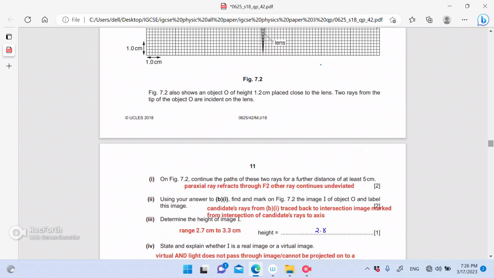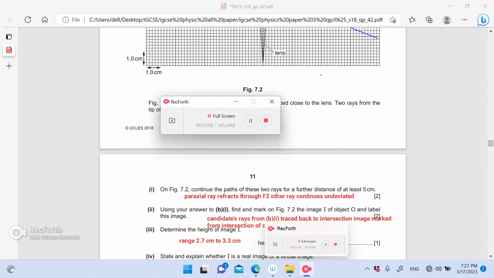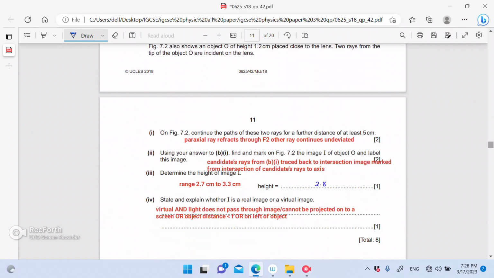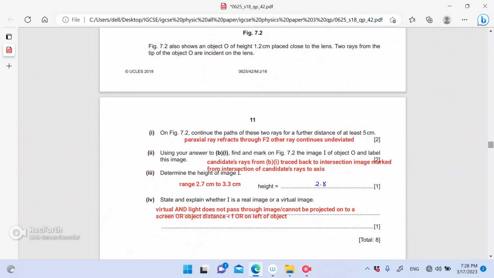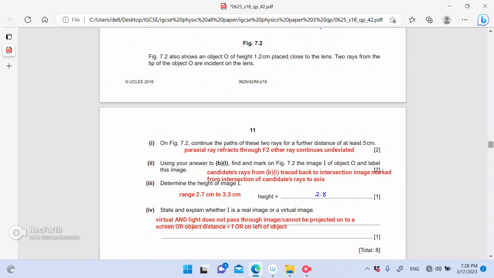So you can see that, continue the path. Use your diagram to find the image of the object and label it image. They are saying continue the path of these two rays for a further distance of at least 5 centimeter.